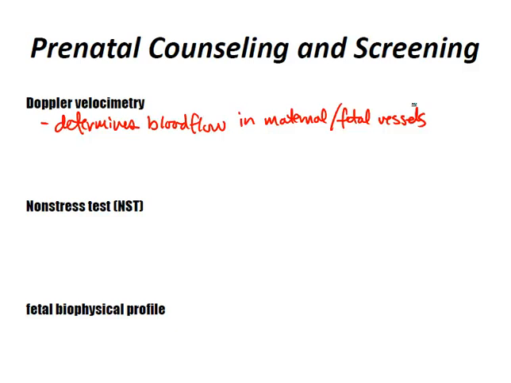Pregnancy complications indicating the need for further testing and monitoring include preeclampsia, amniotic fluid abnormalities, multiple gestation, decreased fetal movement, and post-term pregnancy. So let's talk about the non-stress test. This correlates heart rate with fetal movements.